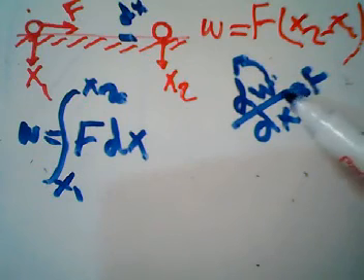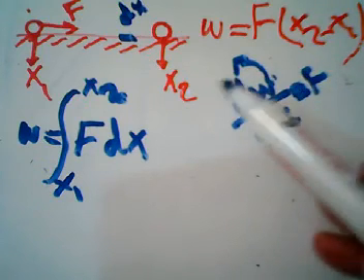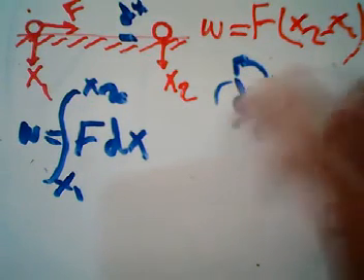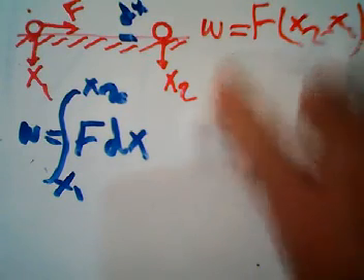But at first we have no idea about the work a variable force does on an object. Okay, so at first we don't know it. We don't have this assumption.